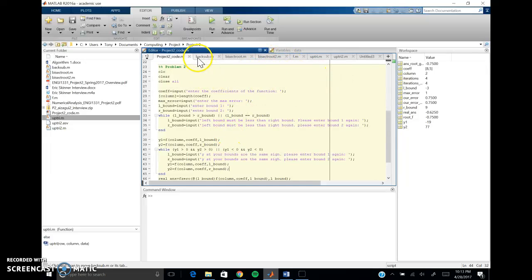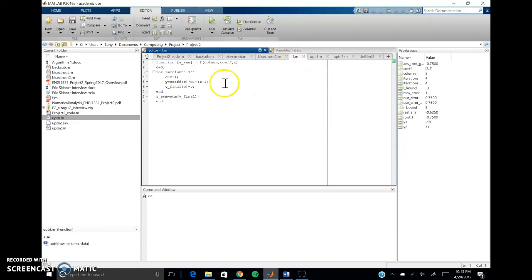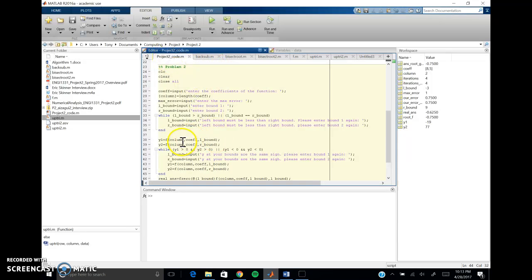So you're going to evaluate the equation at your left bound and your right bound, and you're going to sum up everything it gives you for x cubed and x squared and x and the regular number. You're going to add all that, and it's going to give you some y, a sum of y, and that's what you're going to output back to your main script. You're going to do that for your left and right bound.